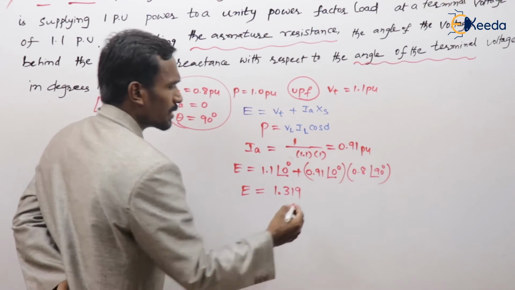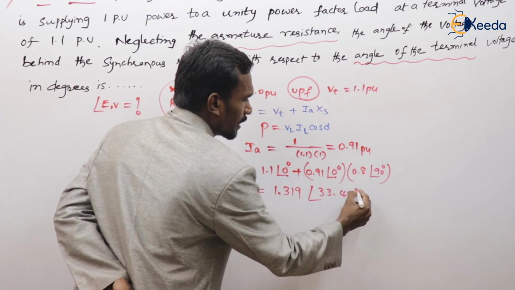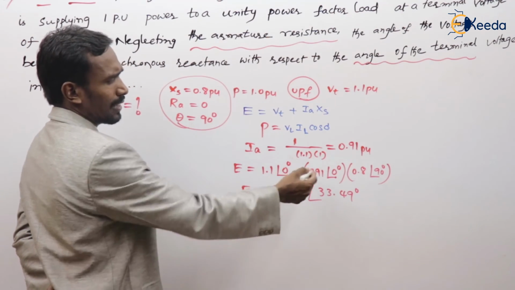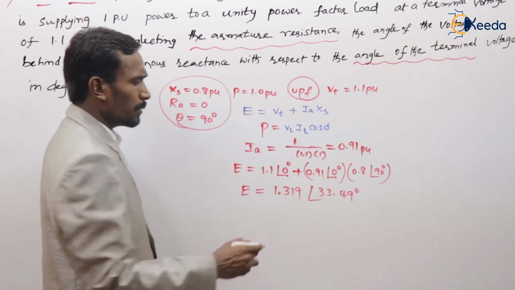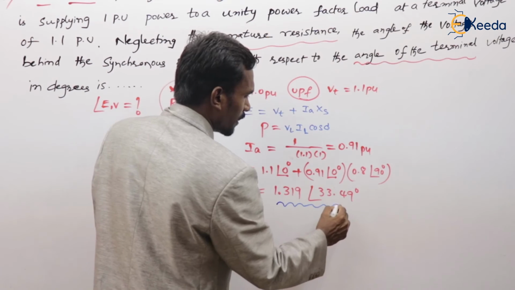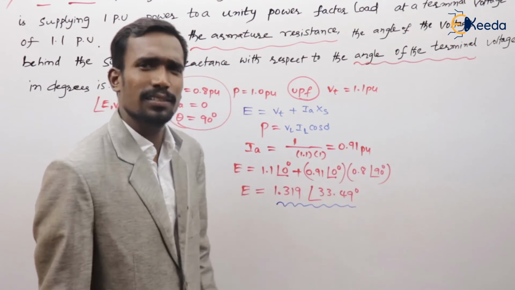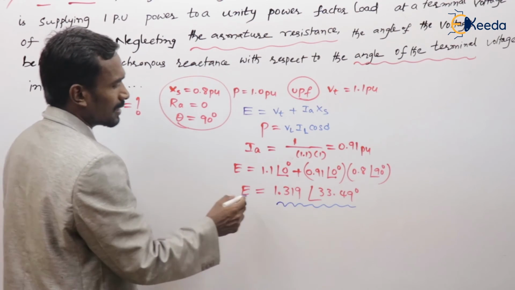1.319 at an angle 33.49 degrees. What is this value? This EMF, if you calculate this one, you can get 1.319 at an angle 33.49 degrees. So what is the answer?